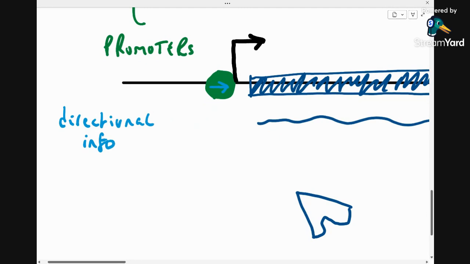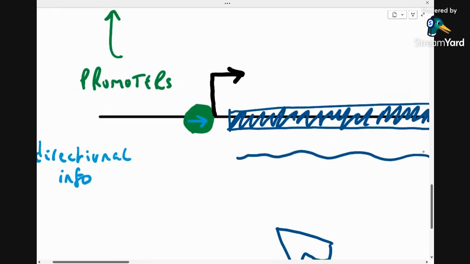What that means is when your RNA polymerase, which I will, what color? Let's go yellow. When the RNA polymerase sits on top, so RNA polymerase is recruited, RNA pol, it knows which way to go.